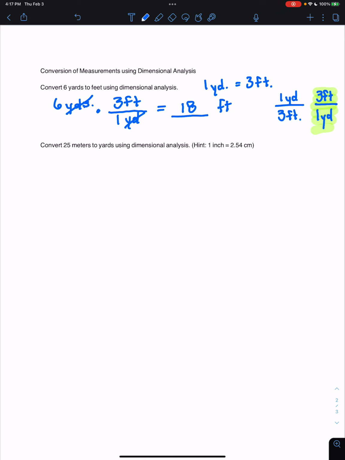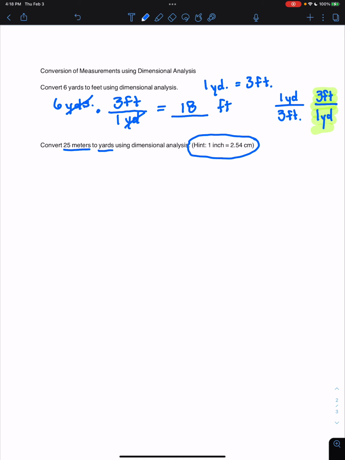Now, where dimensional analysis really comes in handy is when we are converting between multiple units. So here in this problem, we want to convert 25 meters into yards. And we have our little hint here that 1 inch is equal to 2.54 centimeters.